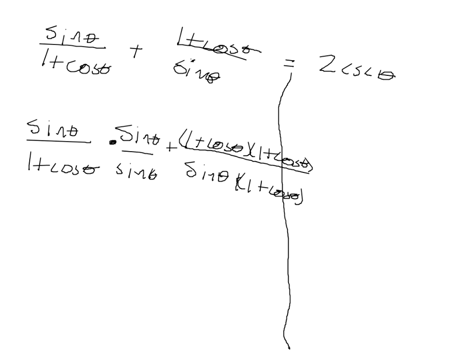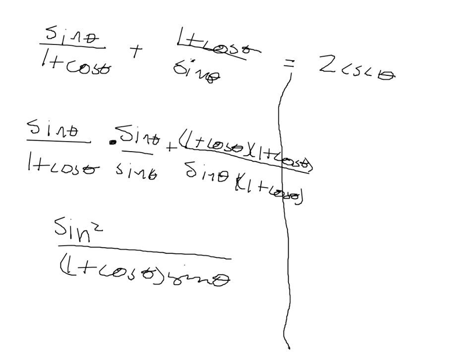And my common denominator is 1 plus cosine theta times sine. And then on top, I get sine squared theta plus 1 plus cosine theta squared.